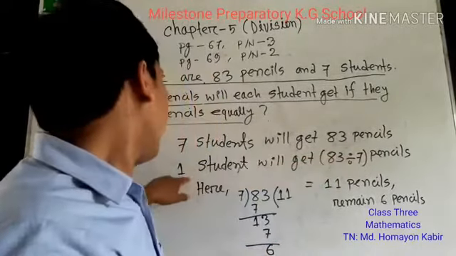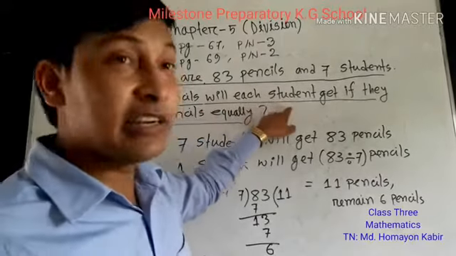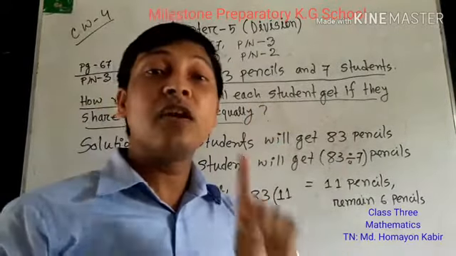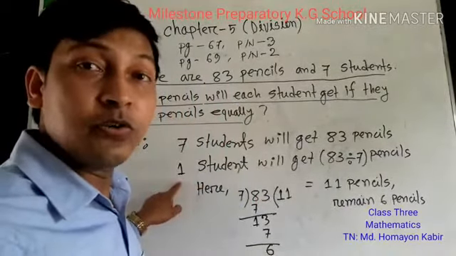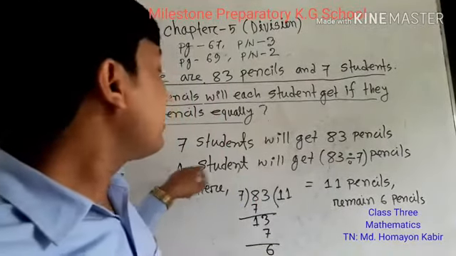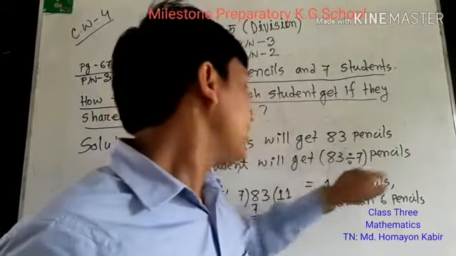And then here, how many pencils will each student get? So each student means how many students? 1 student. That's why I have written here 1 student. Okay, so 1 student will get 83 divided by 7 pencils.